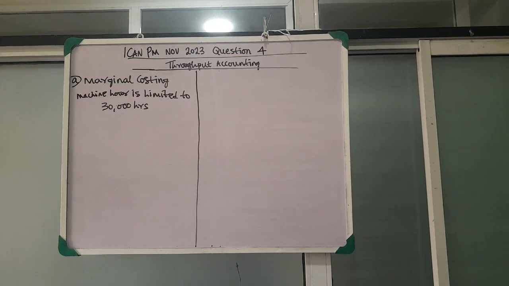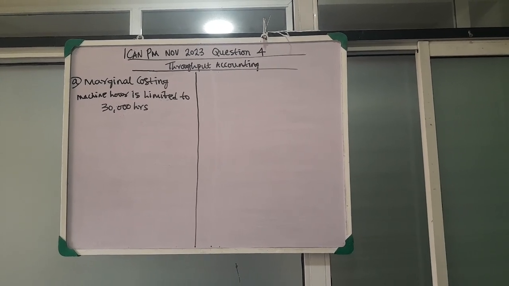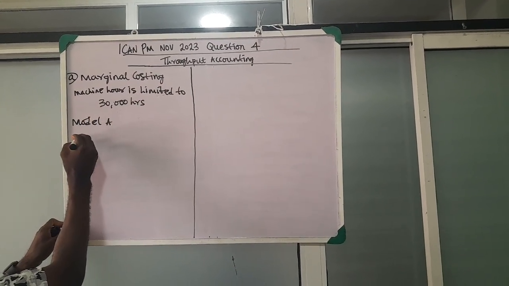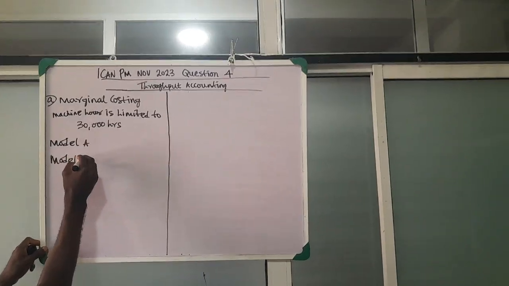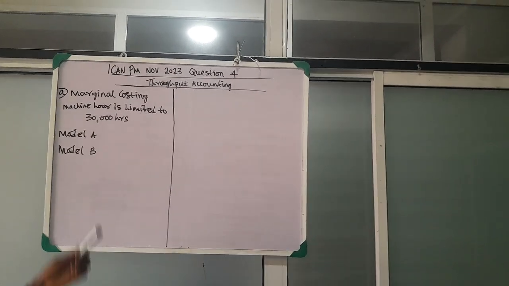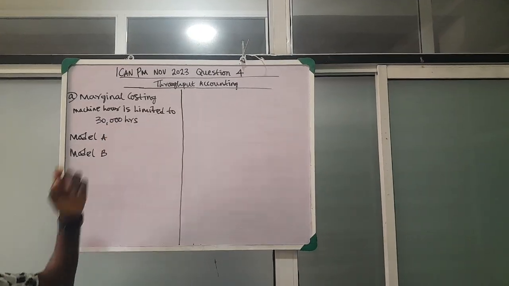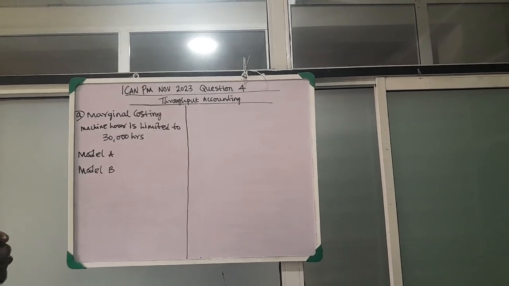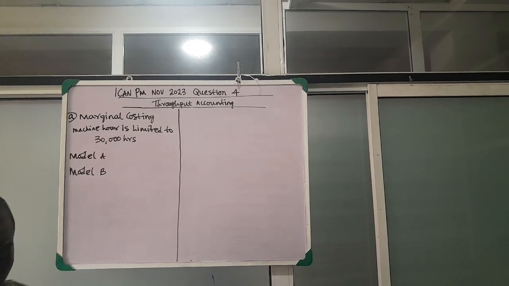We have model A and we equally have model B. So let's find out if the hours that we require in producing these two models will exceed this. If it exceeds this, then machine hours is a limiting factor or a bottleneck, which is still the same thing.